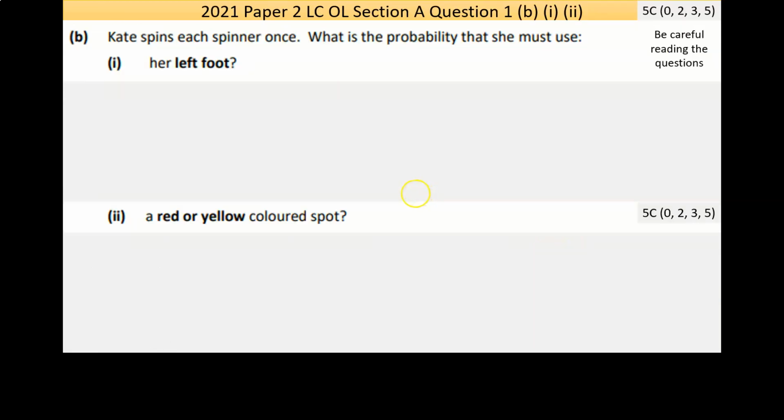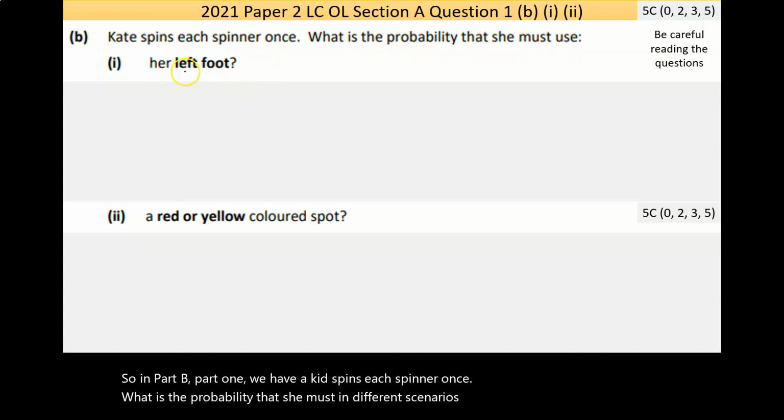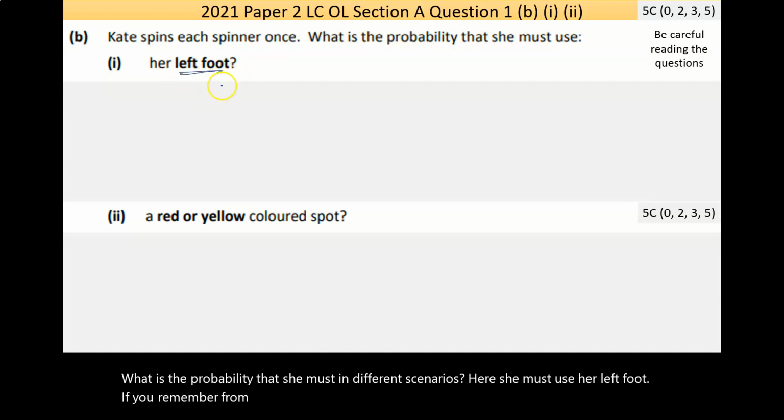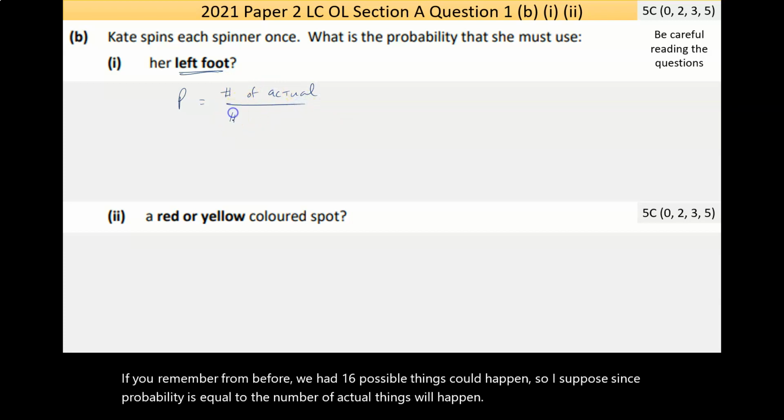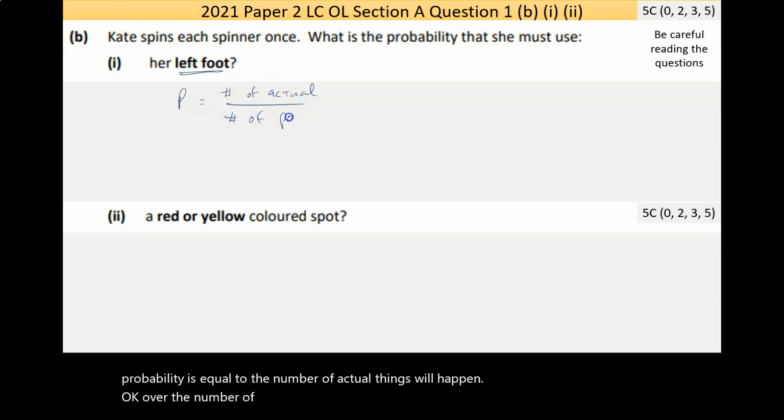Okay, so in part B, part one, we have a kid who spins each spinner once. What is the probability that she must, in different scenarios here, she must use her left foot? Now, if you remember from before, we had 16 possible things that could happen. So I suppose, in a sense, probability is equal to the number of actual things that will happen, over the number of possible.